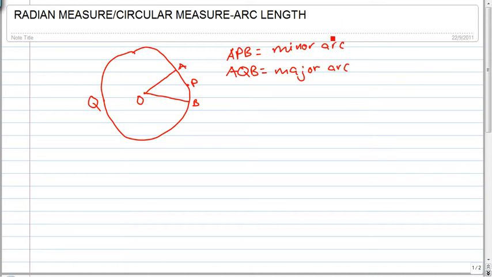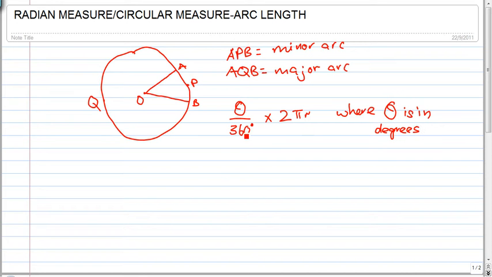Alright, so if you want to find APB, all you have to do is take theta over 360 degrees, because the whole circle, angles at a point, will make up 360 degrees, times 2 pi r, where theta is in degrees.